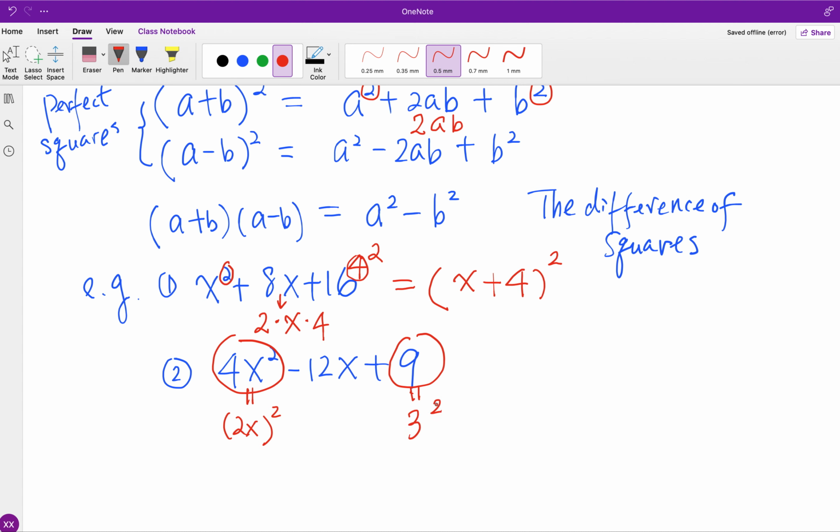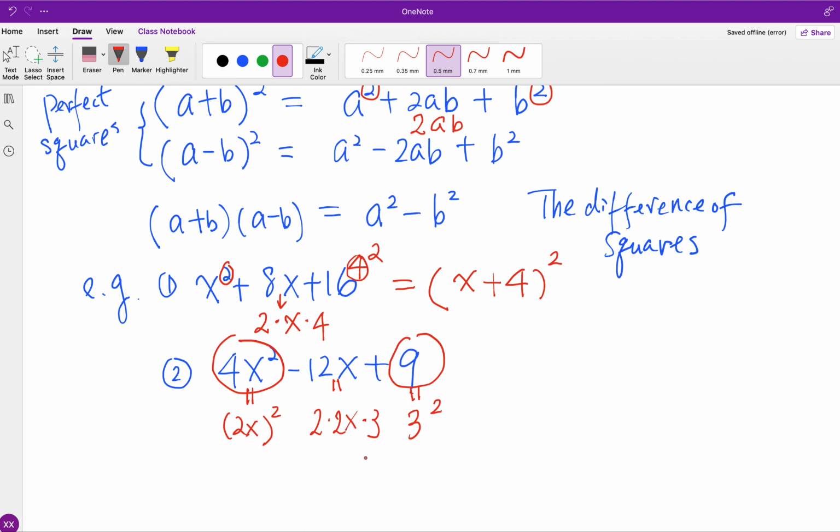So right away you can see this is something to the power of 2 as a first term, something to the power of 2 as a third term. Then the middle should be 2 multiplied by this first a, then multiplied by this last b. So let's take a look at this, 12x. What is 12x? 12x is 2 multiplied by this 2x, my first base, and then my base now is this 3, multiplied by 3.